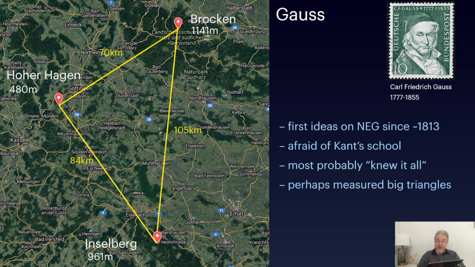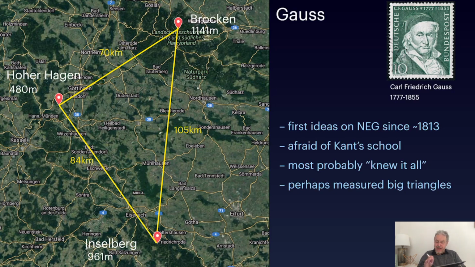And he wanted to measure whether there was a deviation of the angle sum of that big triangle from the 180 degrees that you would get in Euclidean geometry. As you can imagine, up to the measurement exactness, up to the error bound, he was not able to detect any kind of deviation from Euclidean geometry.